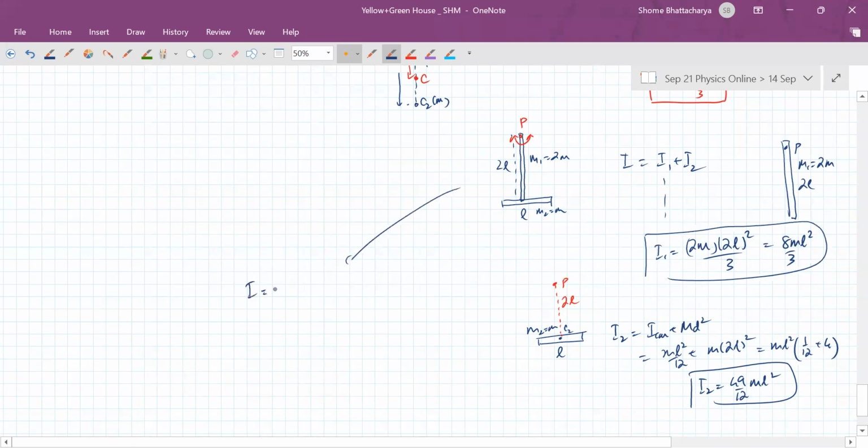So I for the system will become 32 plus 49 is 81 by 12.